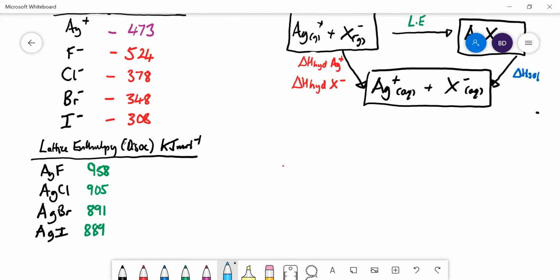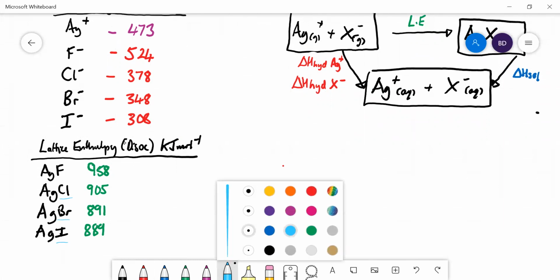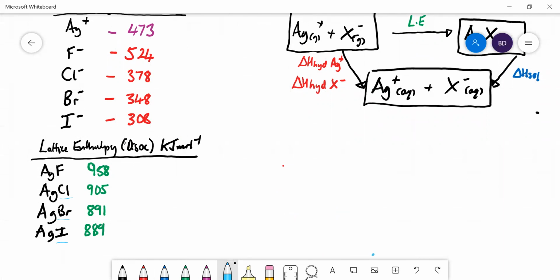Silver chloride, bromide, and iodide are all insoluble, aren't they? And that's how we use the test. We test for the presence of chloride, bromide, iodide ions by adding silver nitrate, and we get a precipitate because they're insoluble. And if you remember, silver fluoride is actually soluble.